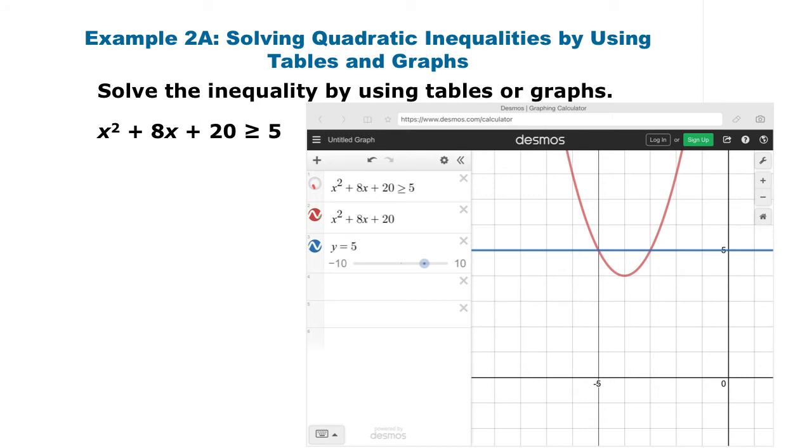And so we see this at the point -5, 5, and the point -3, 5. And remember, these are x and y. And so what we're seeing is that if x is less than or equal to -5, then my y value is greater than 5.